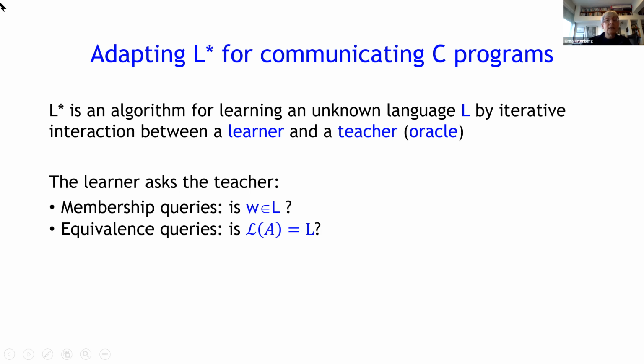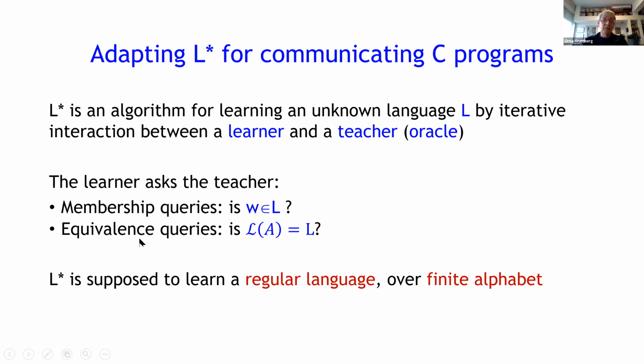The queries asked by the learner are whether a given word is part of the unknown language L, and whether an automaton that the learner produces has its language equal to the language of L.